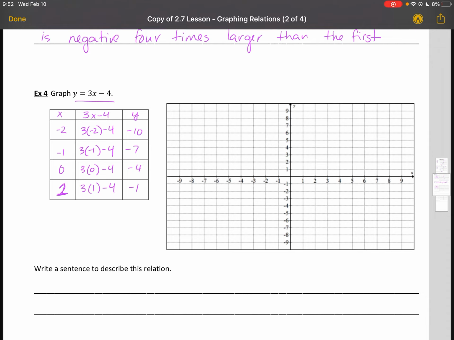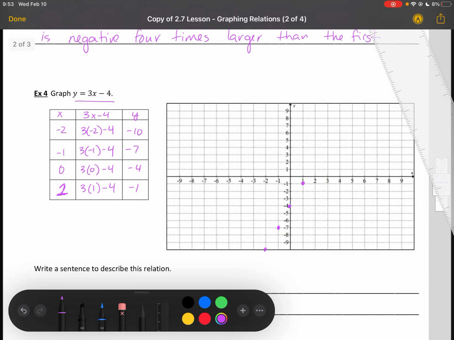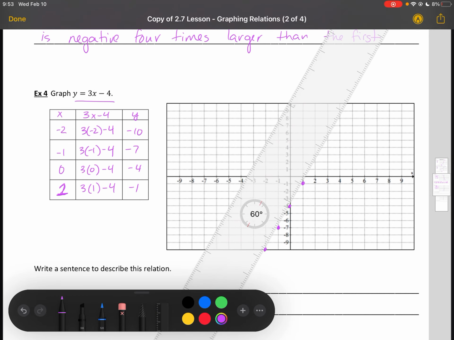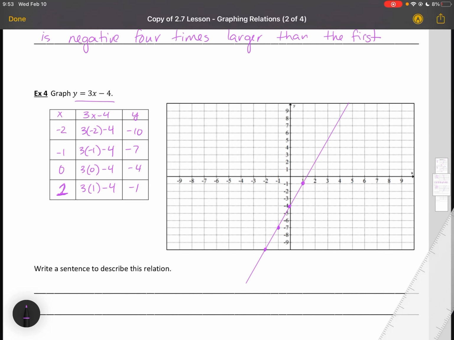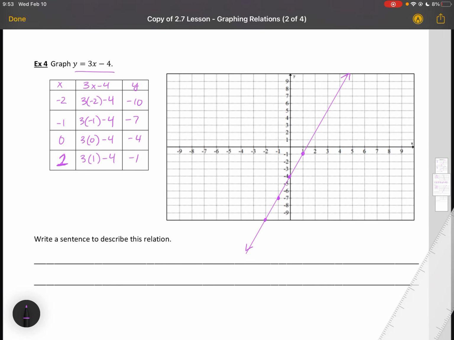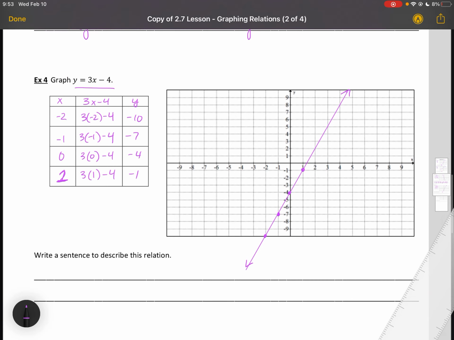Now I can plot those points on the grid. So minus 2, minus 10, minus 1, minus 7, 0, minus 4, 1, minus 1. I can get out my ruler. Draw across my grid. Arrows on the end to represent that my line continues. And now I'm going to represent this relationship using a sentence.